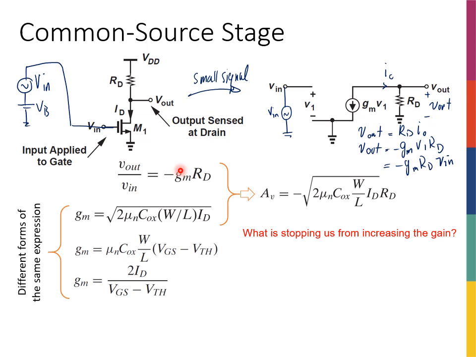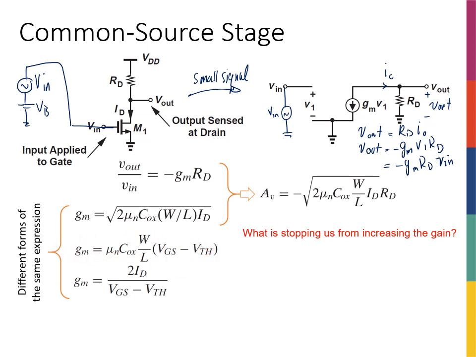Now, what is gm? For gm, I could have any of these expressions. It's not like they're different expressions; they're pretty much the same expression written differently. This is the expression that we originally found for gm.